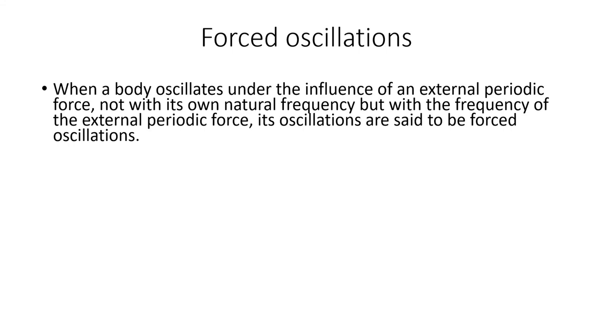So, when a body oscillates under the influence of an external periodic force, not with its own natural frequency, but, this is very important, with the frequency of the external periodic force. The system cannot oscillate with its own natural frequency because that force is acting at regular intervals of time. So it oscillates with the frequency of the external periodic force, and such oscillations are called forced oscillations.